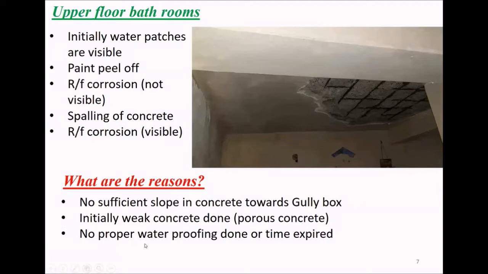Then the other reason is no proper waterproofing done, or time expired. I told you that sometimes after 5 years, the qualities and properties of this waterproofing will change and start water leakage through this waterproofing also.